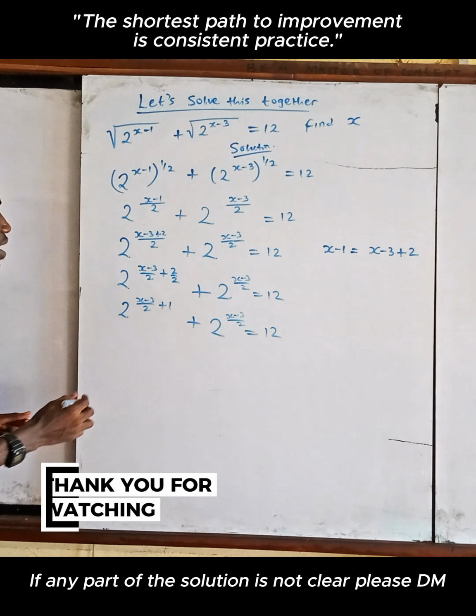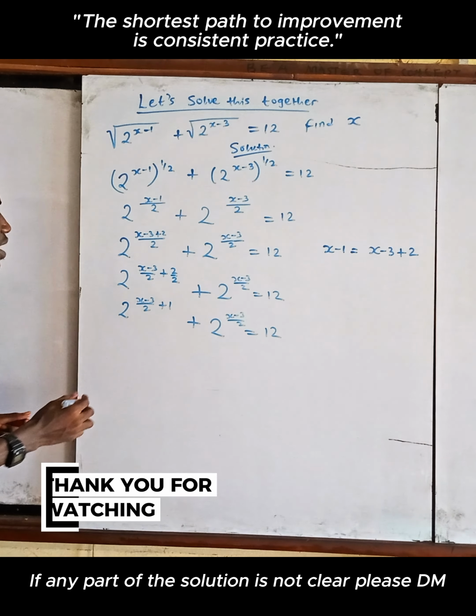From this place, don't forget, whenever we are having addition, that simply means we have 1, 2 that's raised to power 1. You can split this in this format. We have 2 raised to power x minus 3 divided by 2 multiplied by 2 raised to power 1, then plus 2 raised to power x minus 3 divided by 2 is equal to 12.